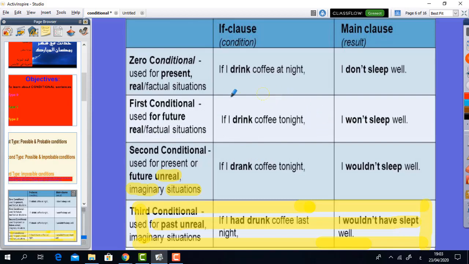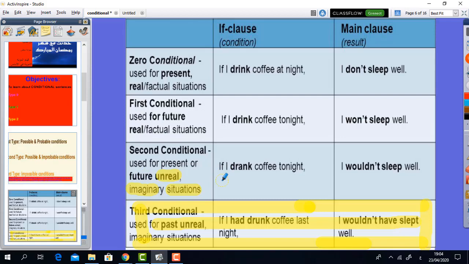Let's go back to the form of conditional type 1. The verb in the if clause is in the simple present and the verb of the main clause is the future simple, or future will. Second conditional, the verb in the if clause is in the simple past as a tense, but I remind you and I repeat, we are talking about the present or the future time.